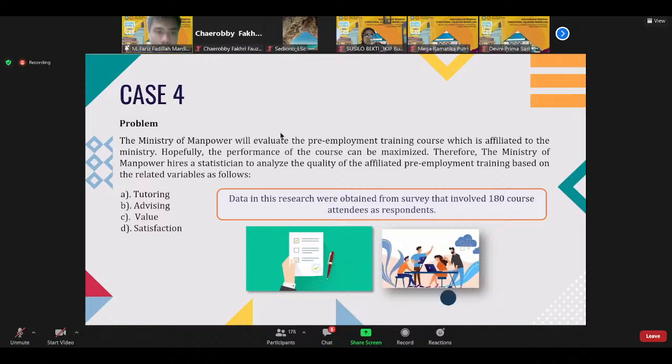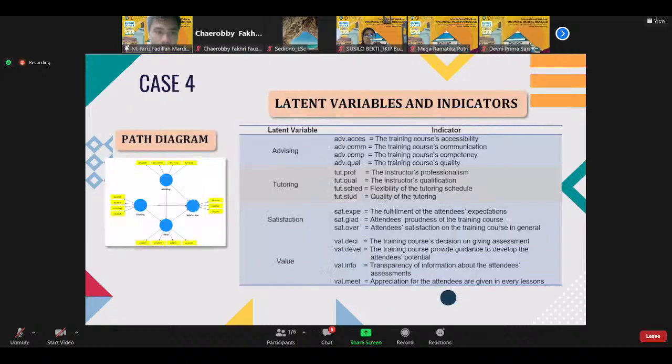This is the case work about latent variable and indicator. The first one is you should draw the path diagram as your framework, and this is the latent variable and then the indicator. Okay, this is the difference between inner model and outer model.